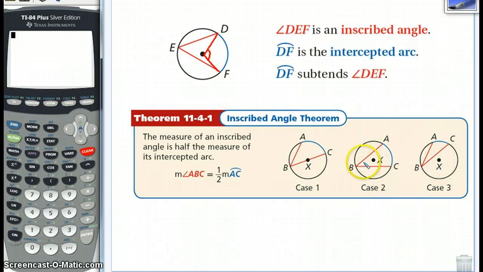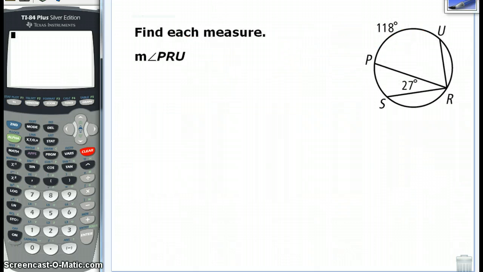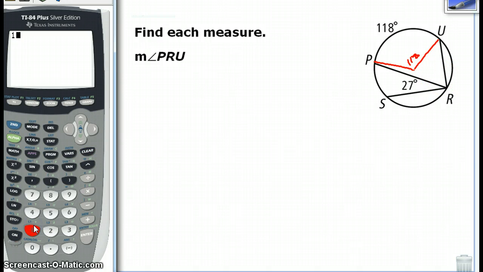And there's 3 different cases. We're going to move on. So, if the whole arc is 118 here, it would mean that the central angle is also 118. Therefore, the measure of the inscribed angle is half as much. 118 divided by 2.